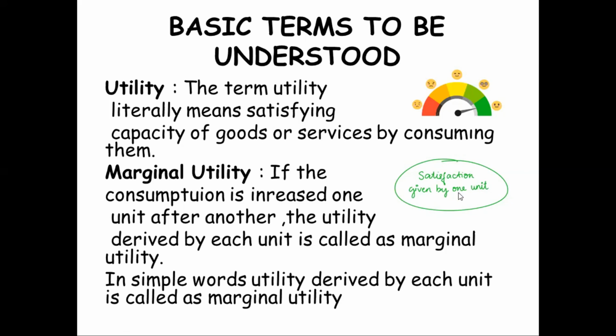Next, we'll move on to marginal utility. It's like a close relative to utility, but a bit different. Marginal utility, as the definition says, is that if the consumption is increased one unit after another, the utility derived from each unit is called marginal utility.